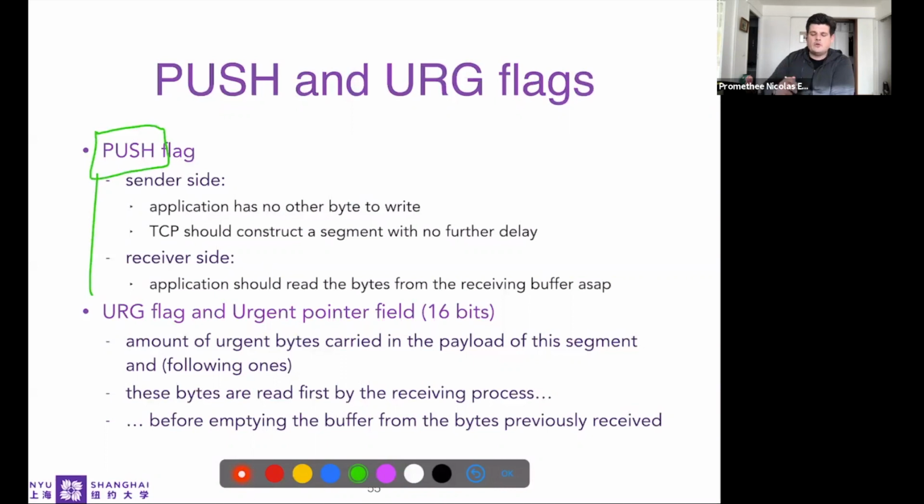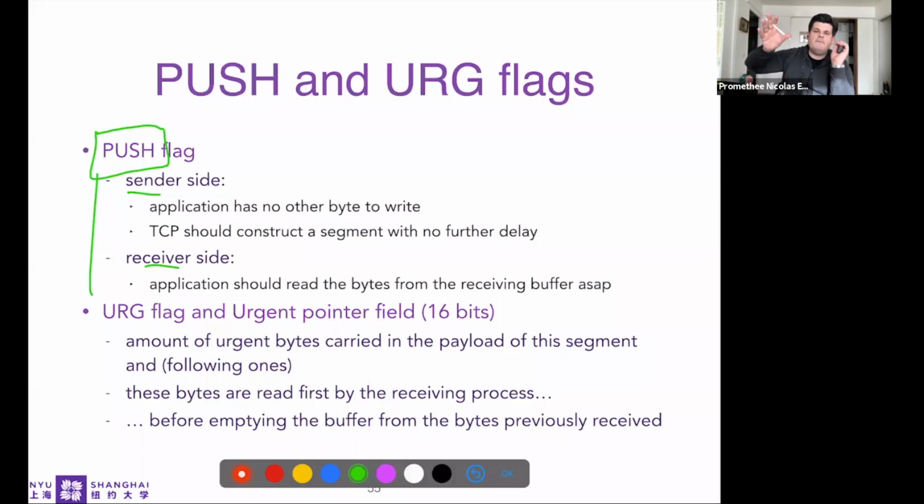even though the segment is super small. This is on the sender side. So please don't wait for the timer, because we don't have more data to be written. And on the receiver side, you push the receiving application to come and read the bytes as soon as possible. This is just a notification. The application doesn't have to really come and read it, but it's an indication.